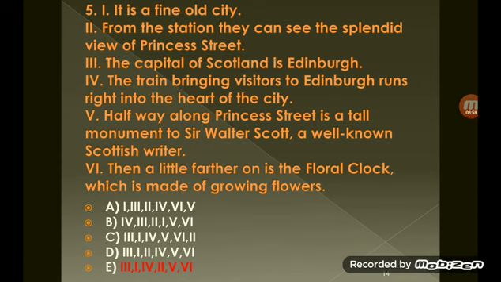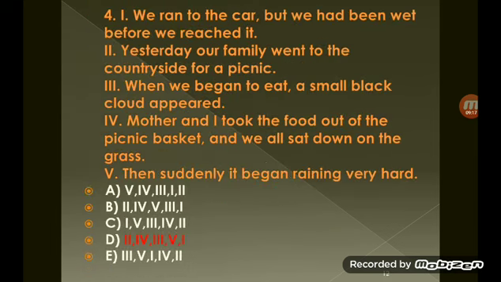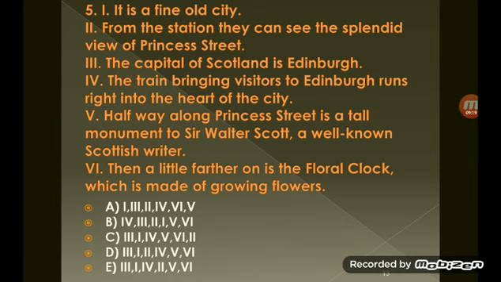Here we saw how the paragraph began with the capital of Scotland is Edinburgh. Now the difference here is that three options say that this is followed by it's a fine old city. Okay, up to then it's fine. Then the D option says that this is followed by from the station they can see. So we eliminate D here. Why? Because from the station they can see, and there is no reference to they. Who is they here?